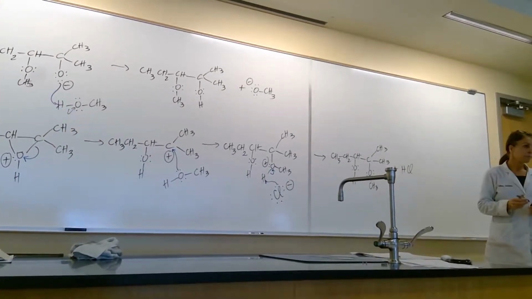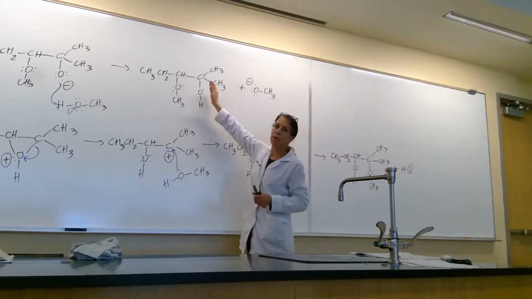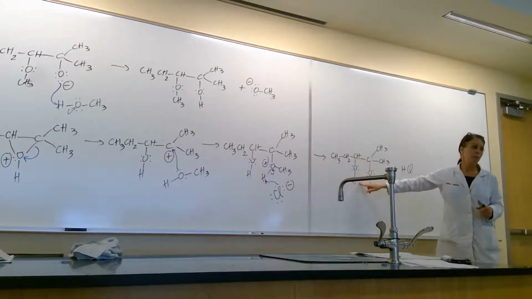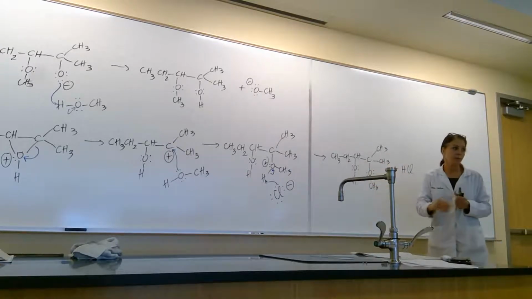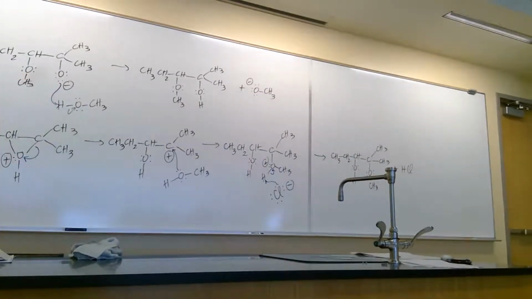You see? So the difference between these two: on the top, the OH added to the terminal carbon. On the bottom, the OH added to the one before the last carbon. So it's a different product based on their position. So everybody understands this?